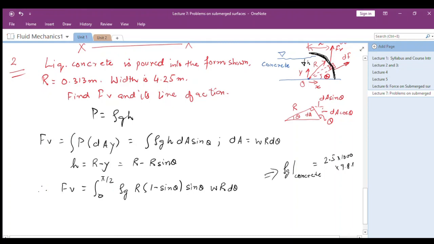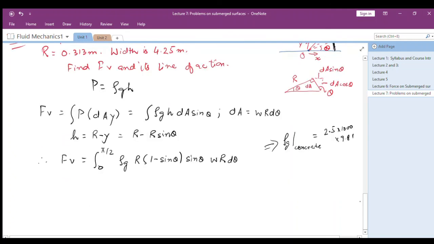You can find that out. So in this way you can find your vertical force. What I would like is, in this problem, try to find how much this is going to be. You just need to put the values in here. The first thing, Fv, we found out.